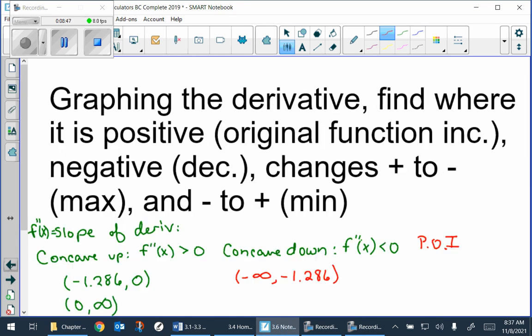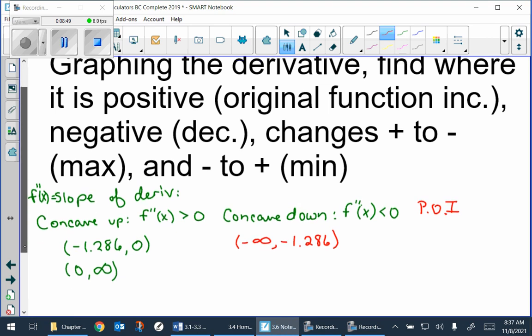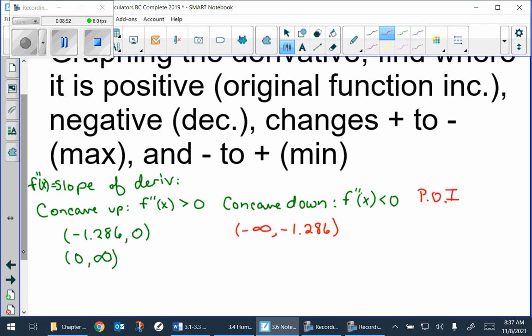Well, if I look at what I've written here, where does concavity change? Yeah, at x equals negative 1.286. And if I needed to know what that point was, I'd go back to my original function.